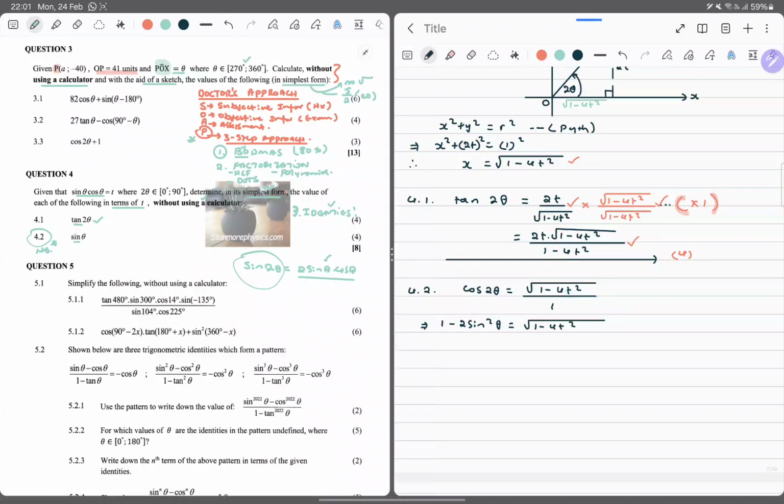Now what do we do? We transpose that. We know that minus 2 sine squared theta is going to be equal to this business over here, and then minus 1. Or we could easily take this and make it positive, transposing it to that side and this one to that side, so this becomes positive and this negative.